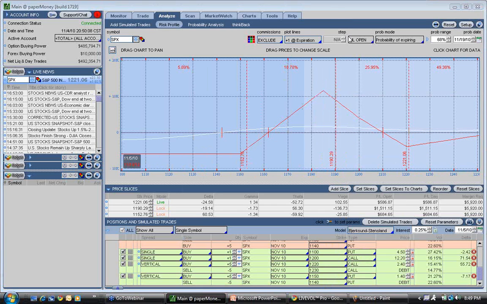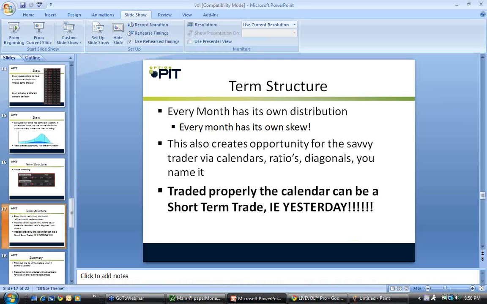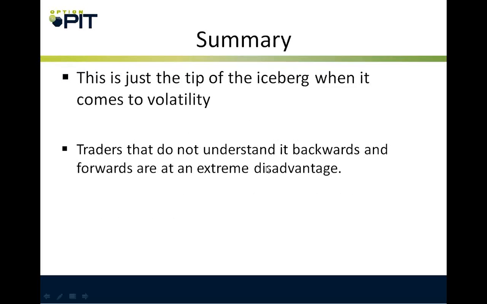That was because I didn't pay attention to this trade because it's paper, and because of volatility. Now, summary. This is just the tip of the iceberg when it comes to volatility. Traders that do not understand it backward and forward are at an extreme disadvantage.